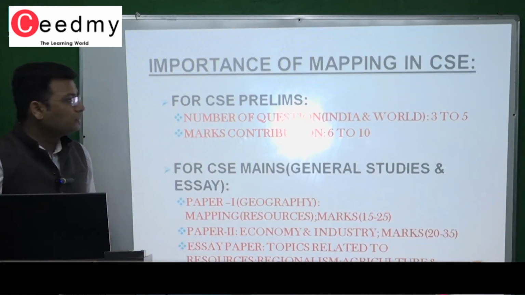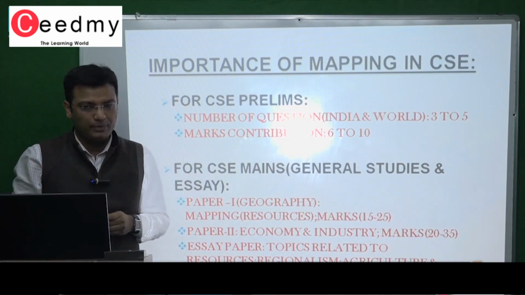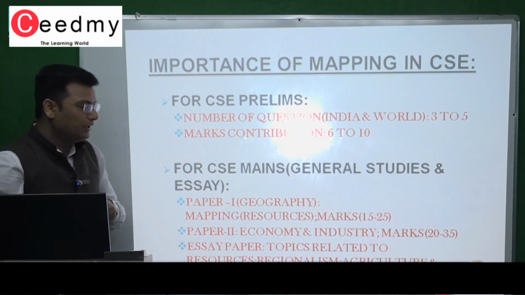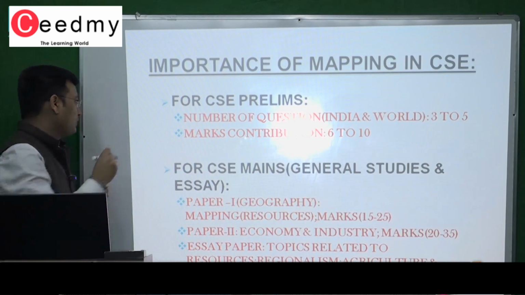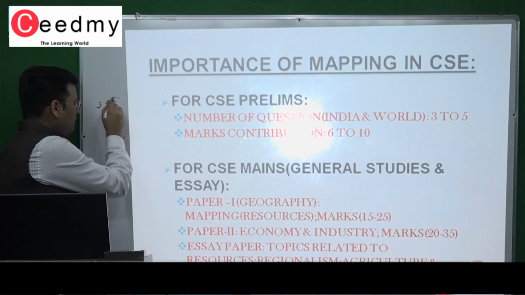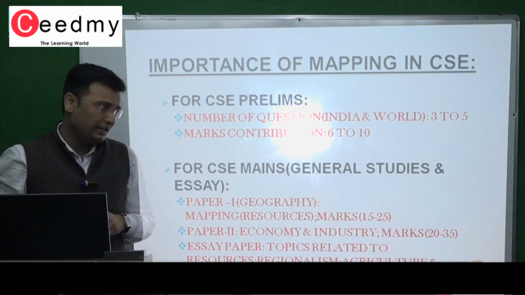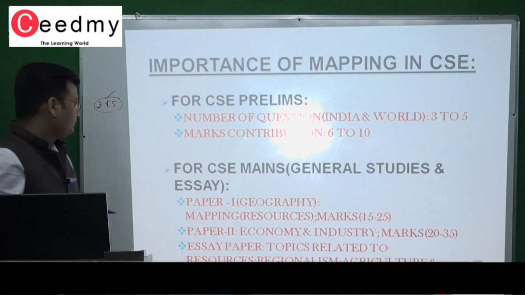So the importance of mapping in the civil services examination. For civil services prelims, the number of questions from mapping of India and the world is around 3 to 5. They ask a minimum of 3 questions and a maximum, till 2017, of 5 questions from mapping itself, and these questions are easy but confusing in nature.